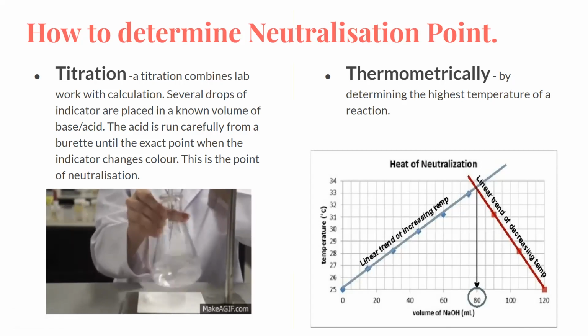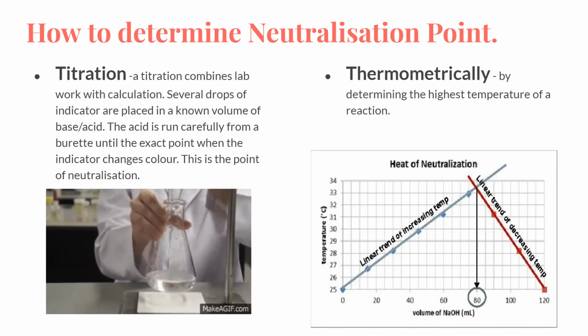So in a titration reaction, you actually have to look at the conical flask carefully in order to not overshoot the experiment. So let's read it again. Several drops of indicator are placed in a known volume of acid or base. The acid is run carefully from a burette until the exact point when the indicator changes color.